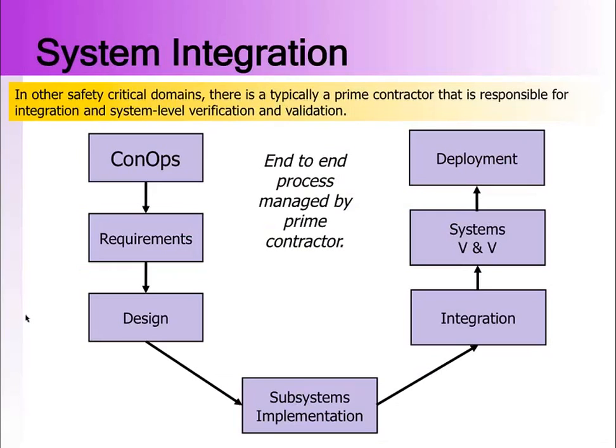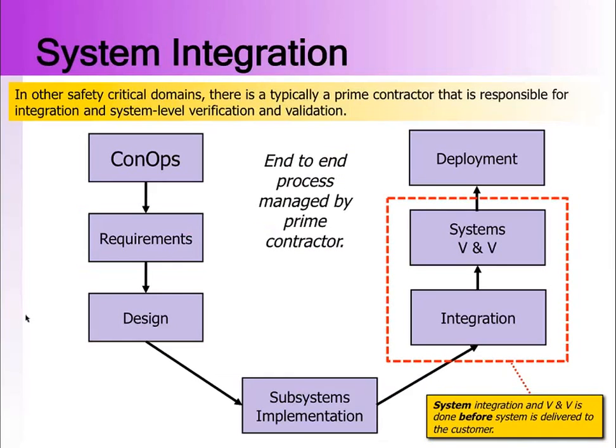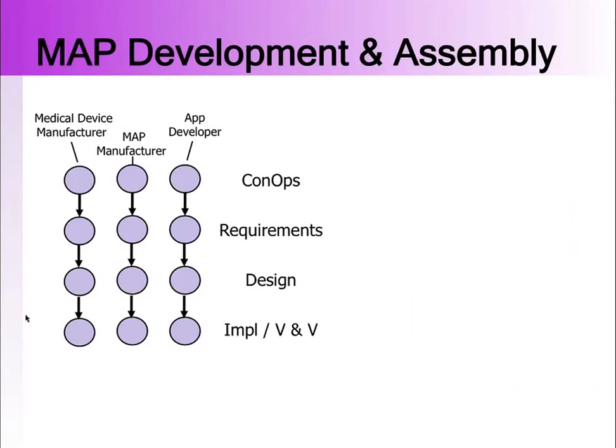So you have your typical V diagram like here, and the end-to-end process is managed by the prime contractors to some extent. And so what's different in this world that we're talking about is that, for one thing, in the existing space, system integration and V&V is done before the system is delivered to the customer. So in this space that we're talking about, things would look slightly different.